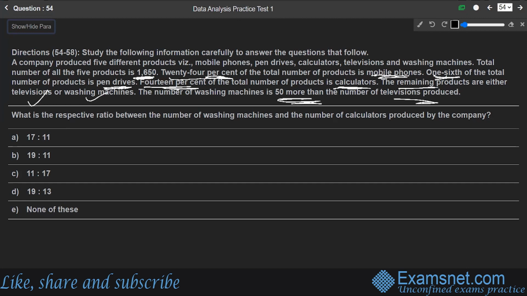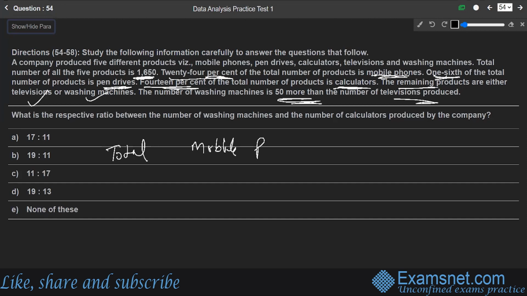For this particular data, we'll have to create a table for each and every value of the set available. So let us see that. The first and foremost thing is, let us make a table out of it. We can have the total number of devices over there. Then the first device is mobile phone, so we can write a column for mobile.